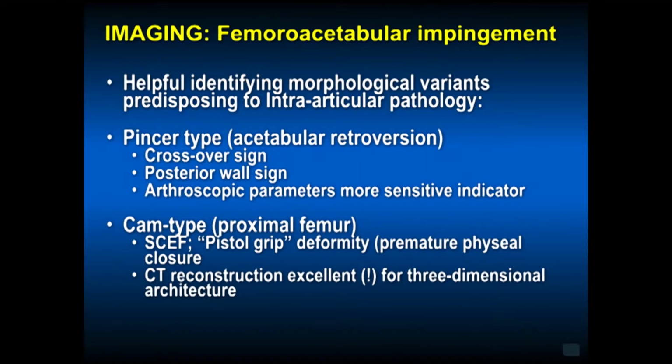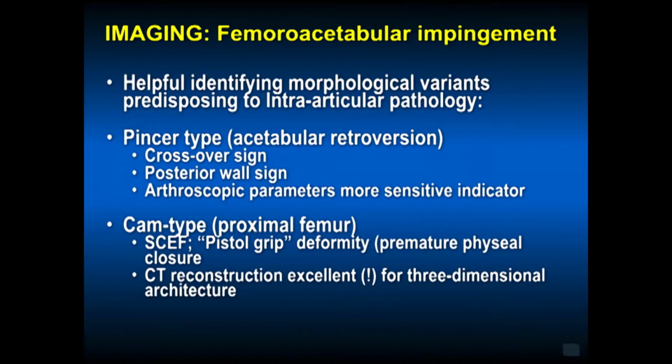The second type of FAI is a cam type, and this is actually a proximal femoral deformity, as in a slipped capital femoral epiphysis, which occurs when the femoral head slips posterior and medial. This is the so-called pistol grip deformity that occurs when the epiphysis heals that way, creating the pistol grip appearance of the proximal femur due to premature physeal closure.